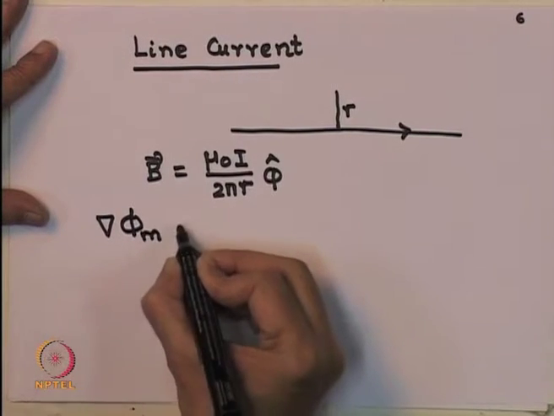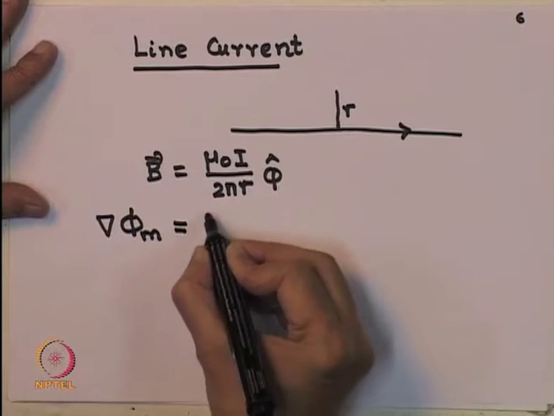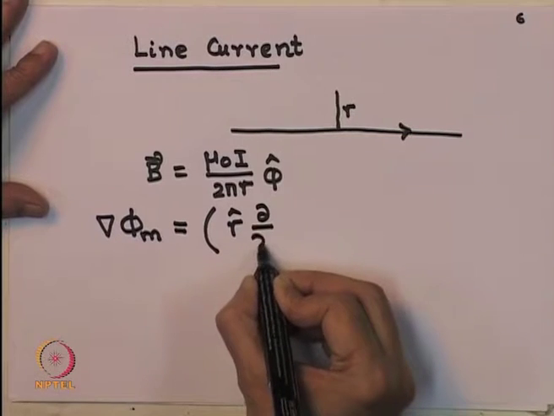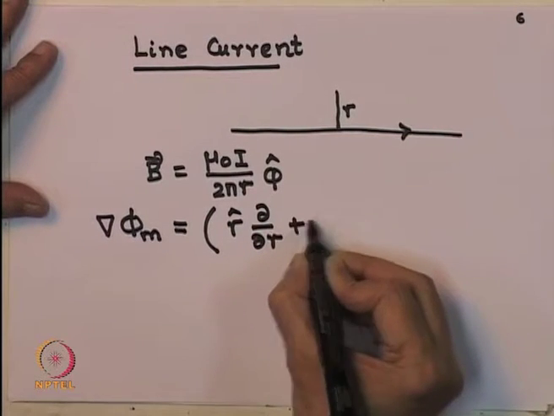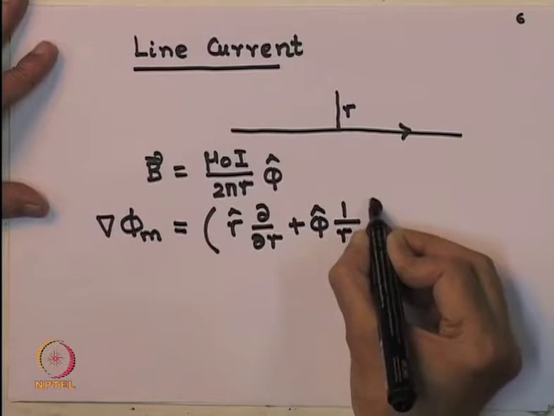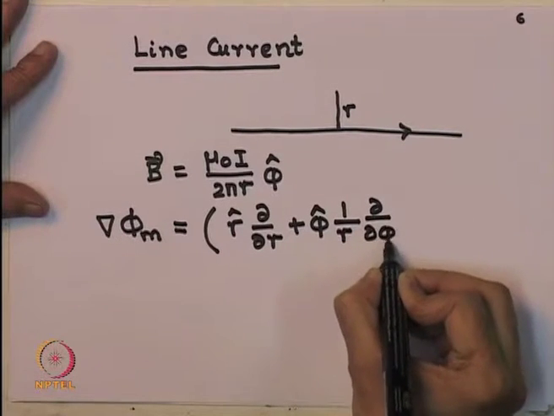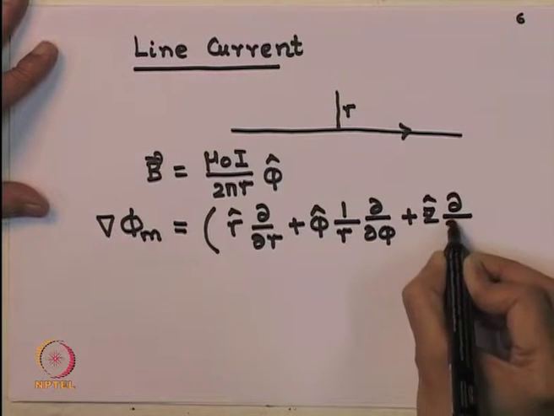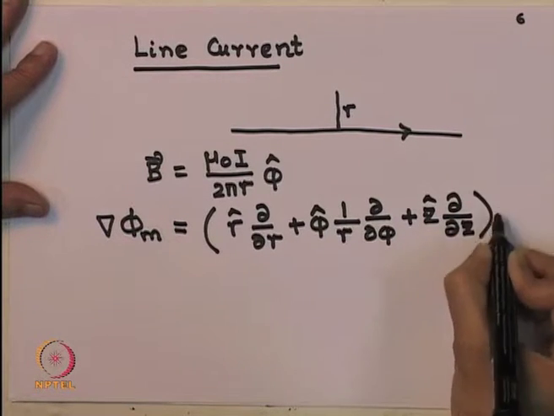in the cylindrical coordinate system. So, the gradient, in the cylindrical coordinate system, is unit vector r d by dr plus unit vector phi 1 over r d by d phi, and of course, unit vector z times d by dz of phi.